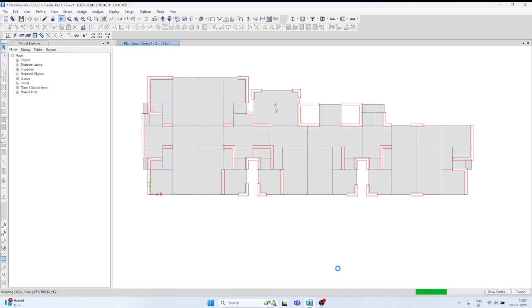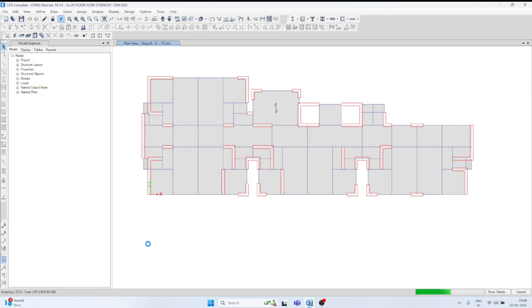So see, it's taking some time, but not more than 5 minutes. We will see whether there is some problem in the analysis or not. See, it has already come to 45%, and already 52% is completed, which means it is under process and increasing, so there is no problem in your modeling.